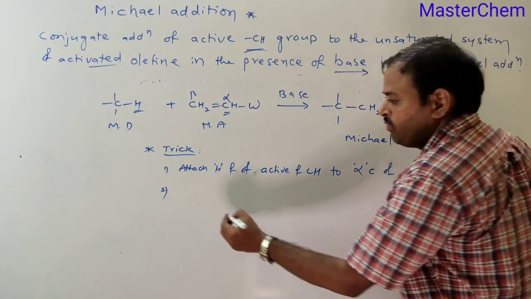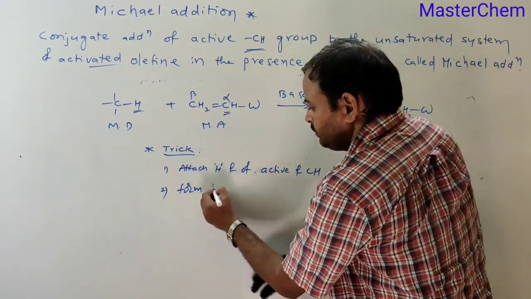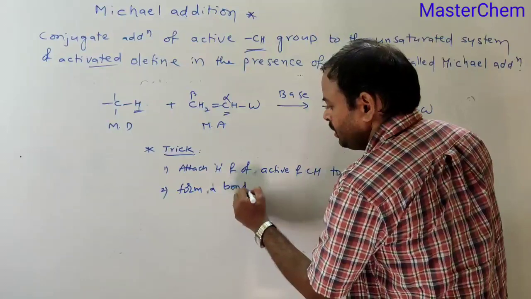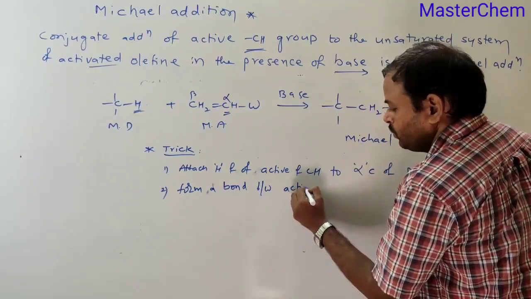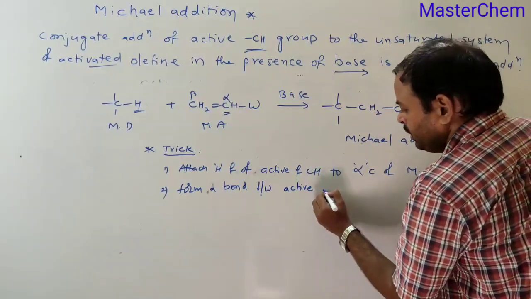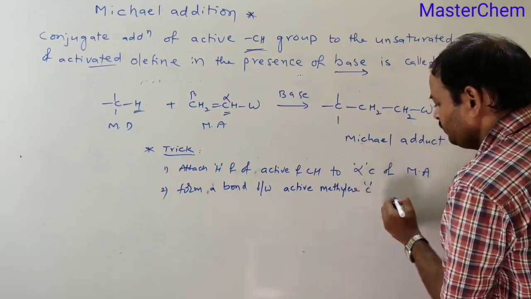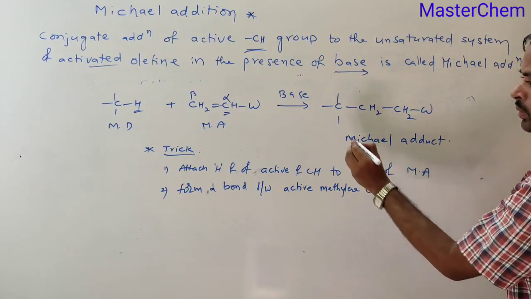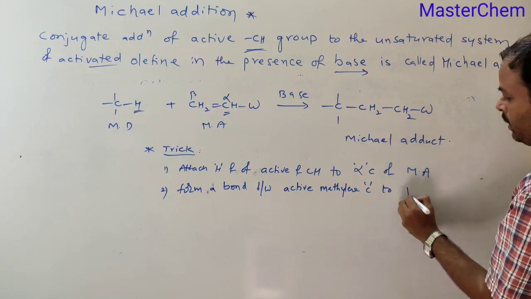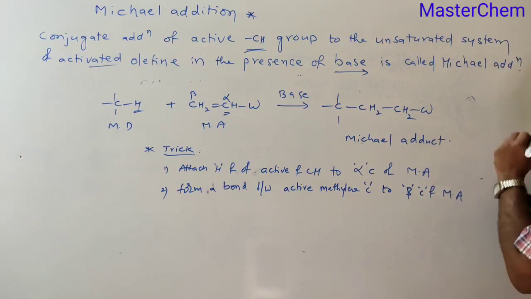Second, form a bond between the active methylene carbon and the beta carbon of the Michael acceptor.